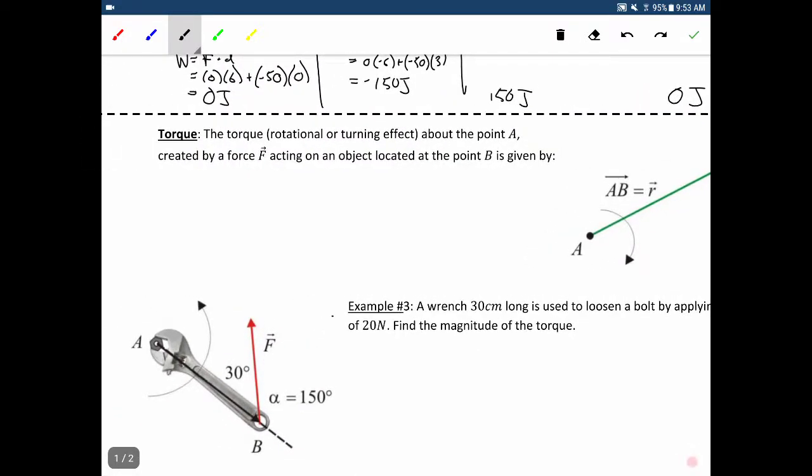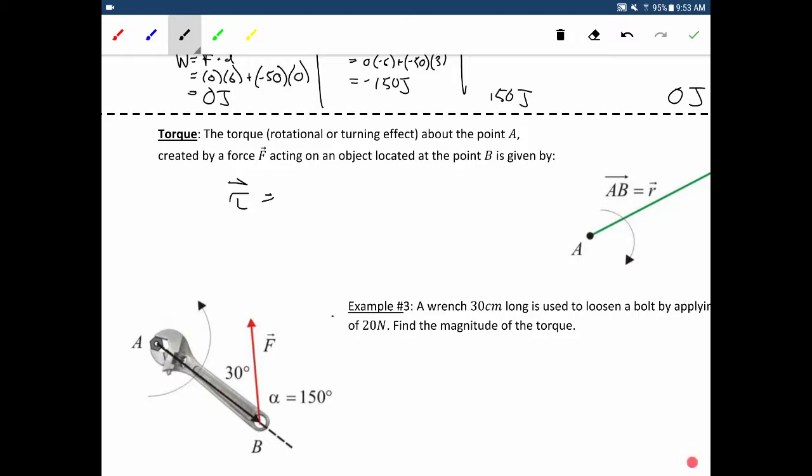So the torque, or the rotational or turning effect about the point A, is created by the force F acting on an object located at the point B, and is given by, and so we use tau as the symbol there. It's another Greek letter.